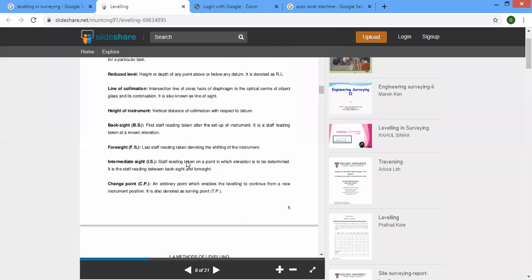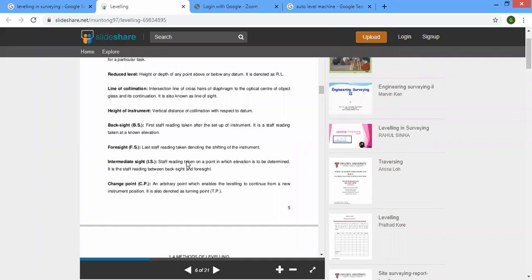Next, you have backsight: the first staff reading taken after the setup of the instrument. It is a reading taken at a known elevation. Once you set up the instrument, the reading taken on the first point is called backsight, and it is always taken on the point whose elevation is known, that means the benchmark.